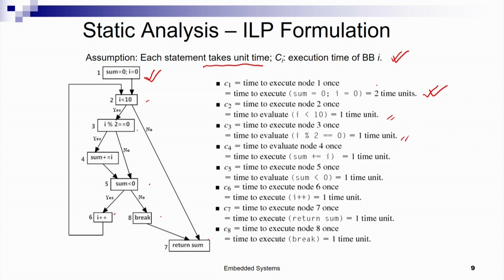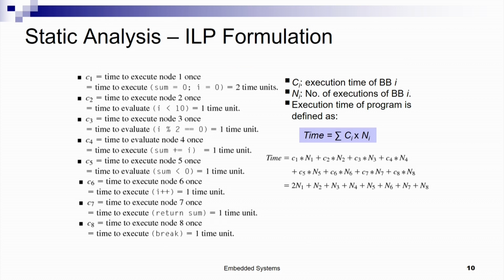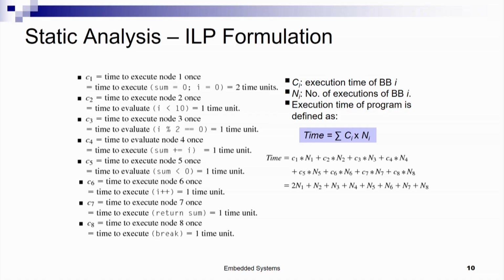So, C1 takes 2 time units, C2 through C8 all take 1 time unit. Now we have a situation where we know the execution time taken by each basic block. So, given the execution time of each basic block, we just need to find the number of executions of each basic block.